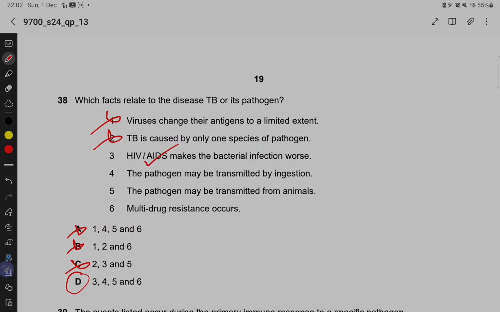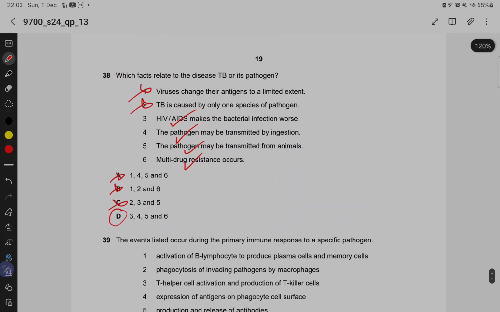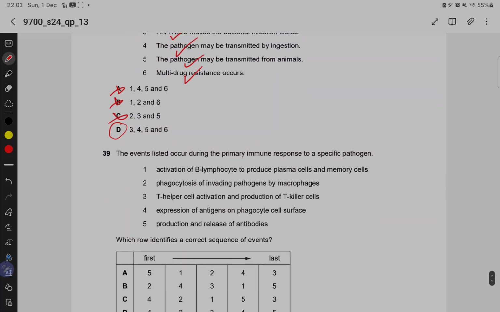It's common sense. Ingestion, yes. It's like mad cow disease. If you eat a cow infected with it, you're gonna get it. Yes, Mycobacterium bovis is literally transmitted from cows. And yeah, 6 is possible in bacteria, because the thing that causes TB is bacteria.